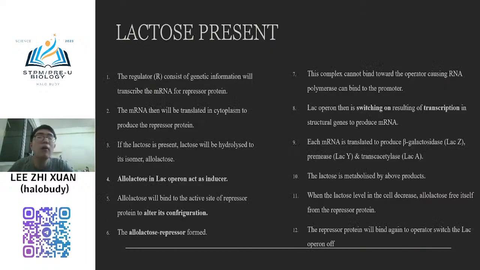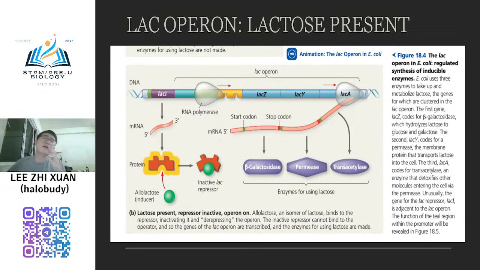So that's all. This is the explanation. I think this is a very easy topic. Very easy one. As long as you know the concepts of the process of transcription and translation, this one is not very difficult.